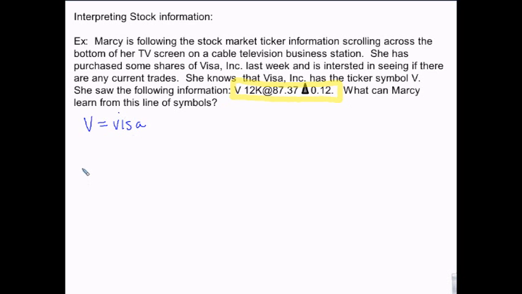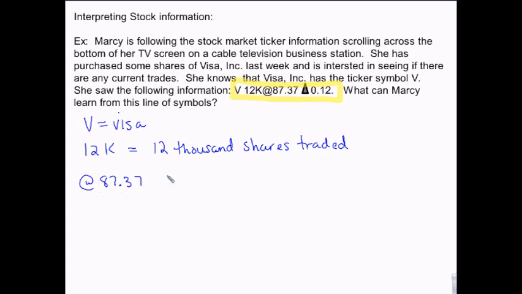It's one letter, so it's most likely New York Stock Exchange. 12K indicates 12,000 shares. That at 87.37 means that they were $87.37 each.